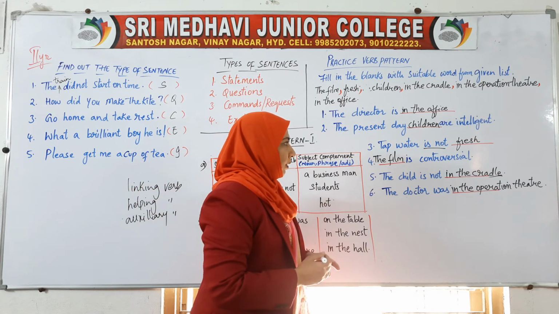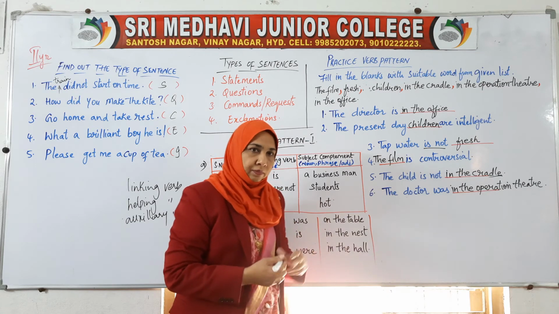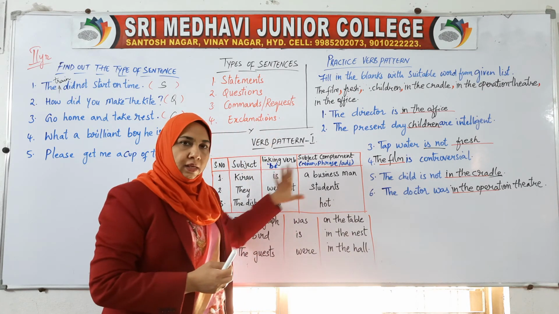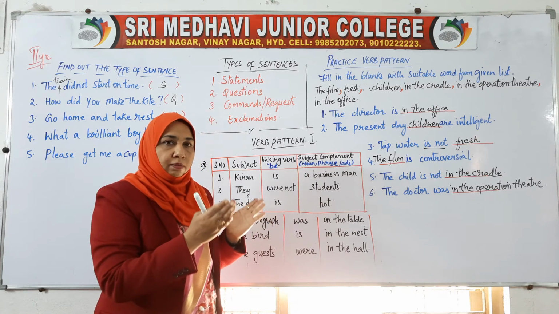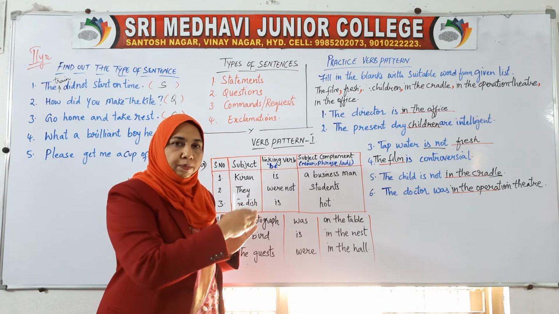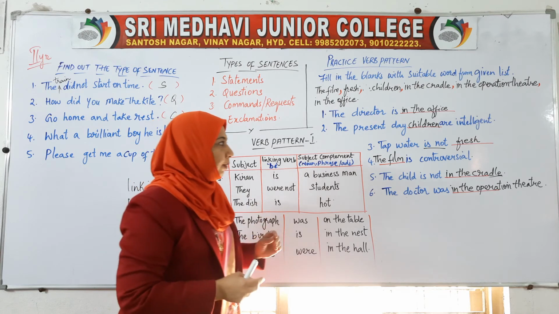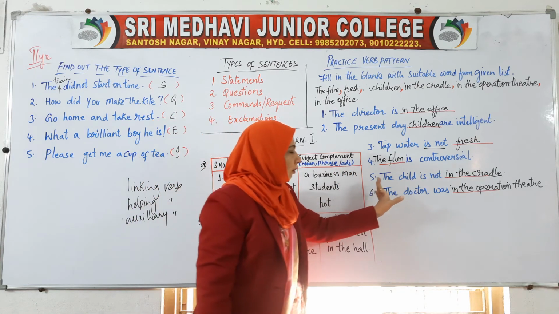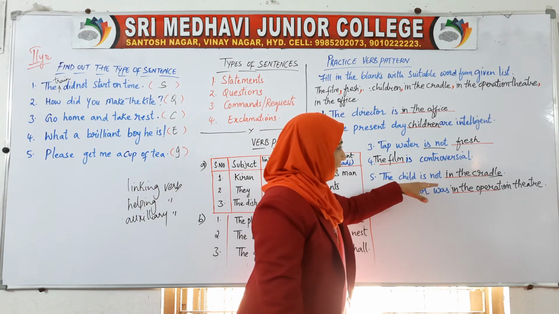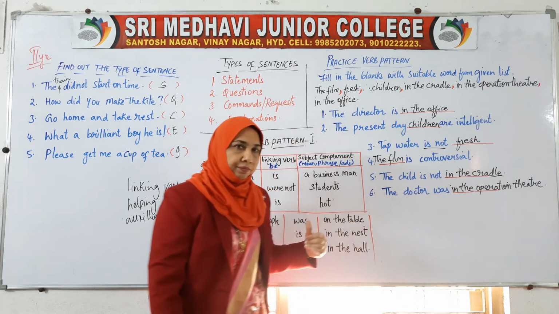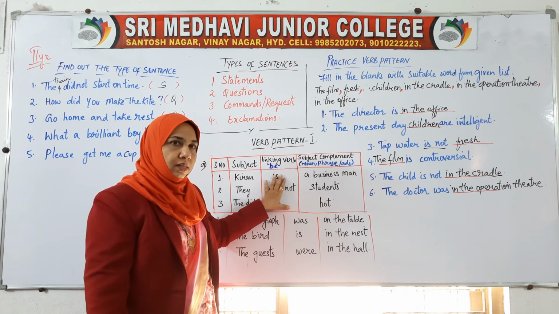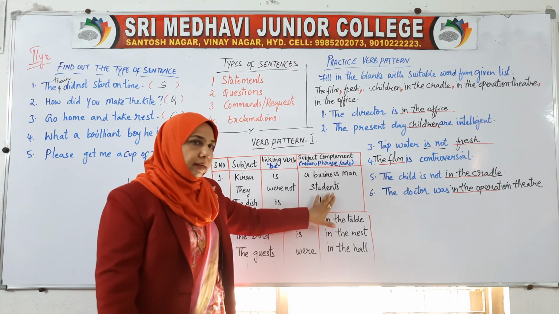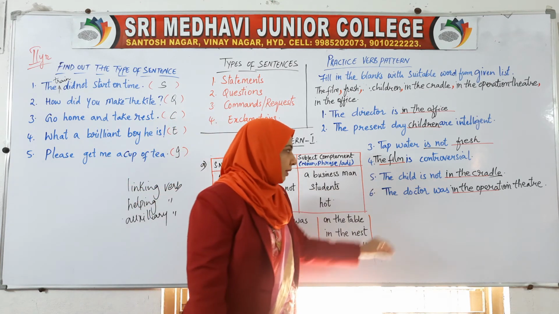The film is controversial. The film is controversial. Showing the detail of the film, or you can say the subject complement describing that particular subject. The child is not in the cradle. The child is the subject, is not is the linking verb, in the cradle is the subject complement.